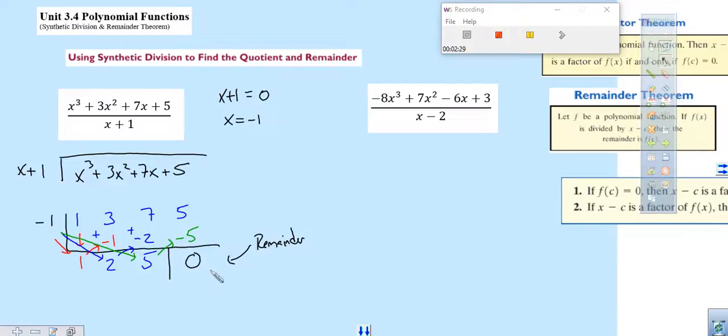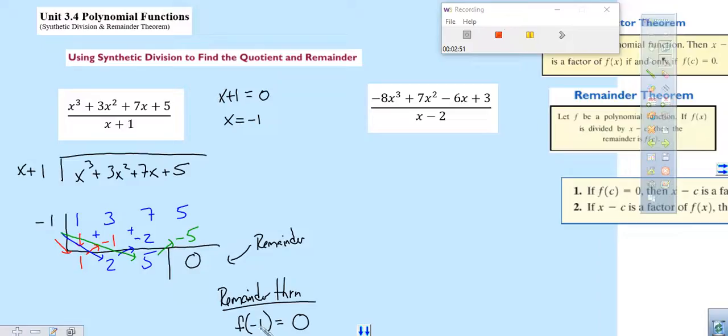So what we've just found out is a couple of things. We found out, according to the remainder theorem, that if we take the function and evaluate it at -1, we'll get a remainder of 0. So think about evaluating functions and plugging numbers in.